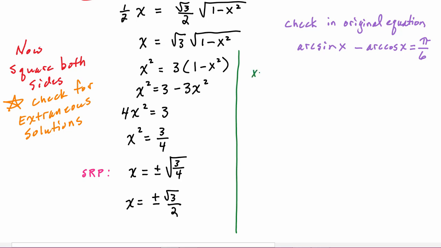We have x is equal to radical 3 over 2. So the question we're asking ourselves, does arcsine of radical 3 over 2 minus arc cosine of radical 3 over 2, does that equal pi over 6?